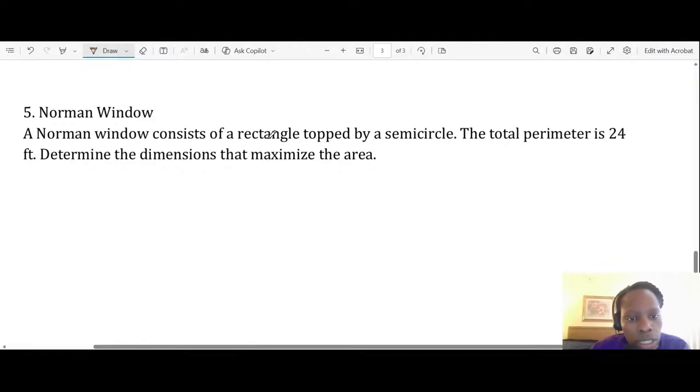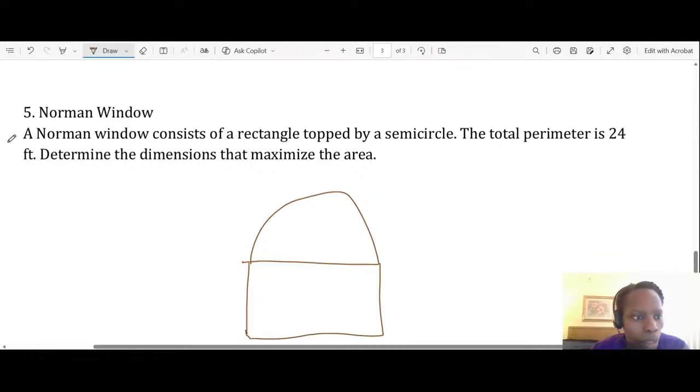So a Norman window consists of a rectangle topped by a semicircle. So we've got a semicircle and then a rectangle, something like that. Okay, so that's the window.